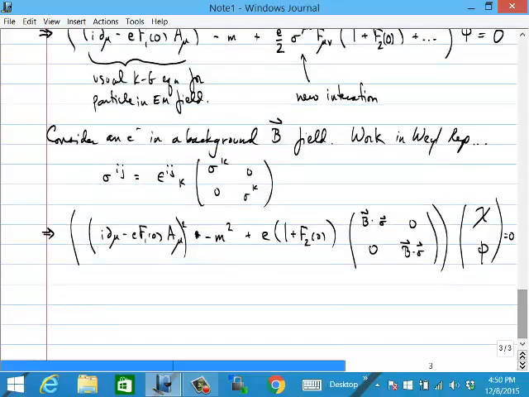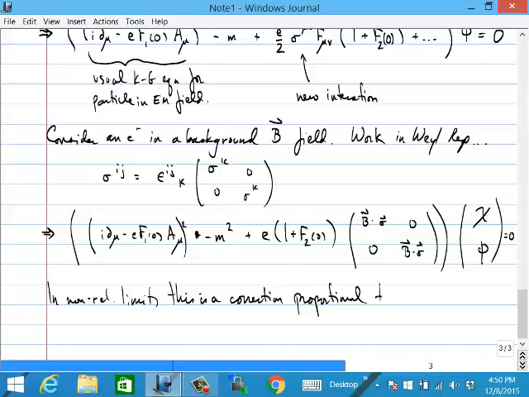Okay. So in the non-relativistic limit, this is a correction to the equations of motion proportional to B dot sigma. Now, if I handed you a quantum mechanical Hamiltonian, and said, well, it's the usual Schrodinger operator plus a term that looks like B dot sigma, you would have a name for it.